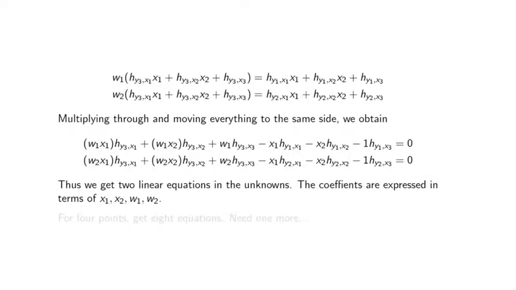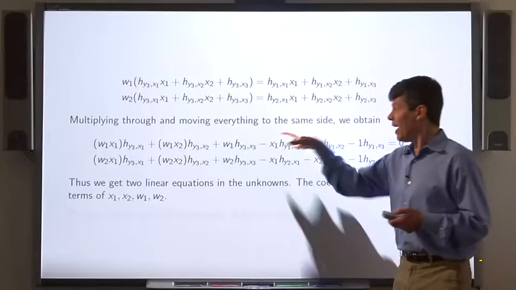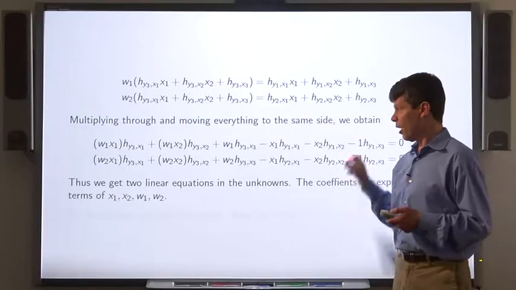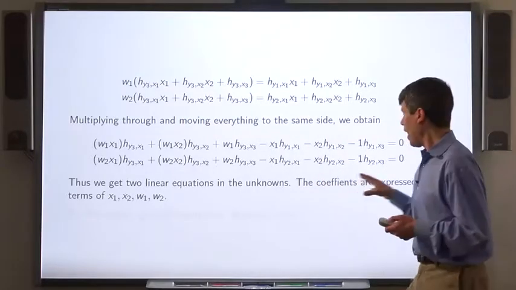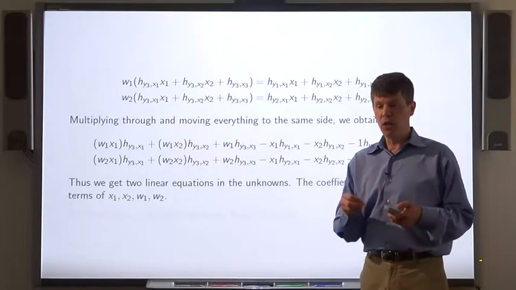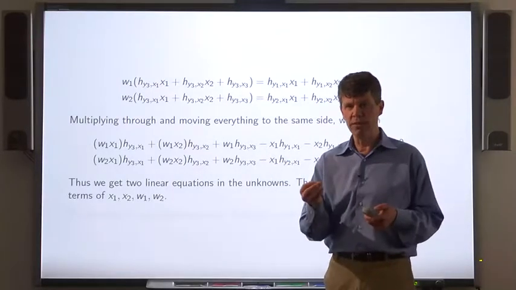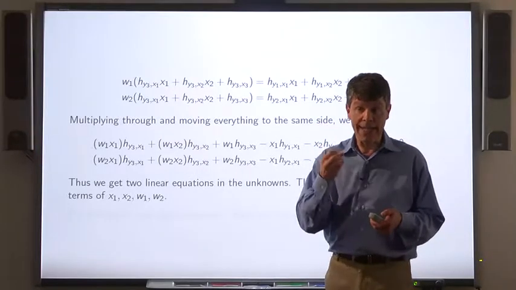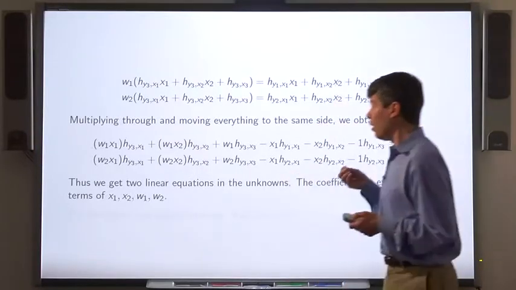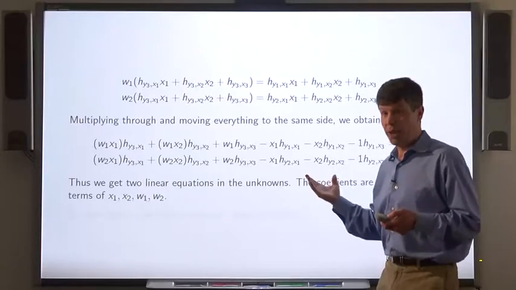They're coordinates of points we know about. So we got two equations in these unknowns from looking at a point in the whiteboard and the corresponding point in the image plane. Now that gives us two equations.